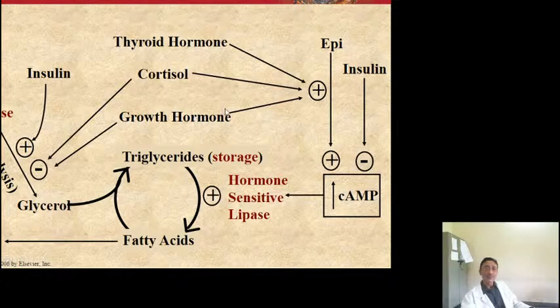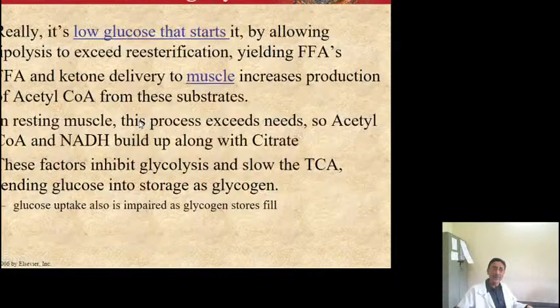All these four hormones cause increased production of cyclic AMP. This cyclic AMP stimulates the hormone sensitive lipase, which breaks down triglycerides into fatty acids. On the other hand, in the reaction of glucose being converted into glycerol, insulin promotes it, whereas cortisol and growth hormone act negatively on it.